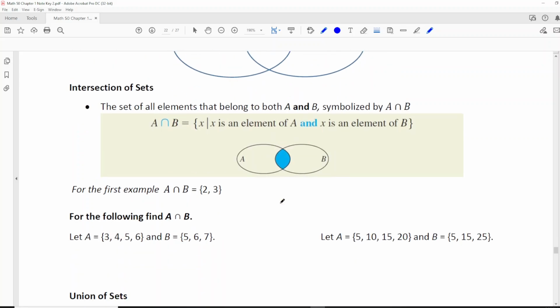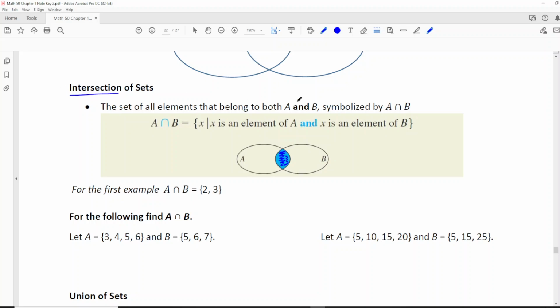So the first thing we're going to look at is the intersection of sets. The intersection of sets is all the elements that belong to both sets. So if this is A and this is B, the things that belong to A and B would satisfy A and B. Now, intersection, there's 3 words and symbols here.